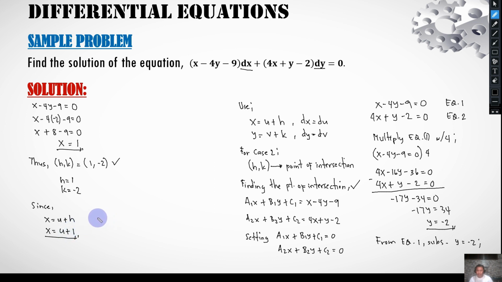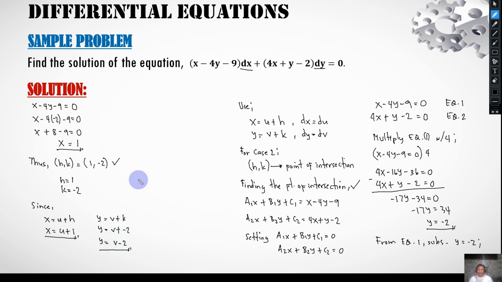At saka yung y naman natin is just equal now to v plus k. So y is equal now to v plus your k, which is negative 2, or simply y is equal to v minus 2. Okay? So we have now this relationship ng ating x with respect to u, at saka ito namang y with respect now to your v.